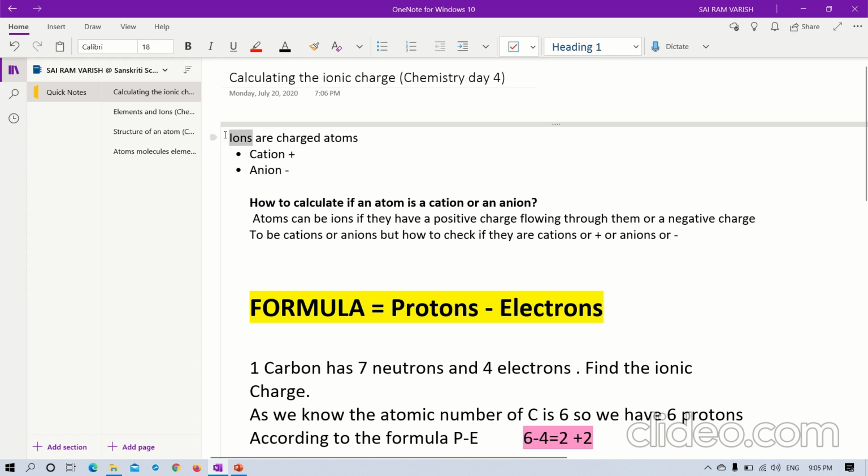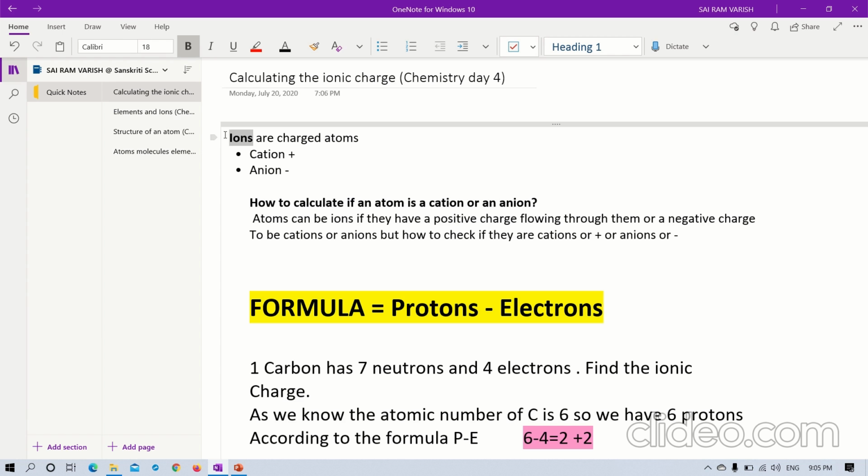Now what are ions? Ions are charged particles. Atoms have a special name if they are charged: they are ions. If a positive charge is flowing through an atom, it's called a cation, and if a negative charge is flowing through an atom, it's called an anion.